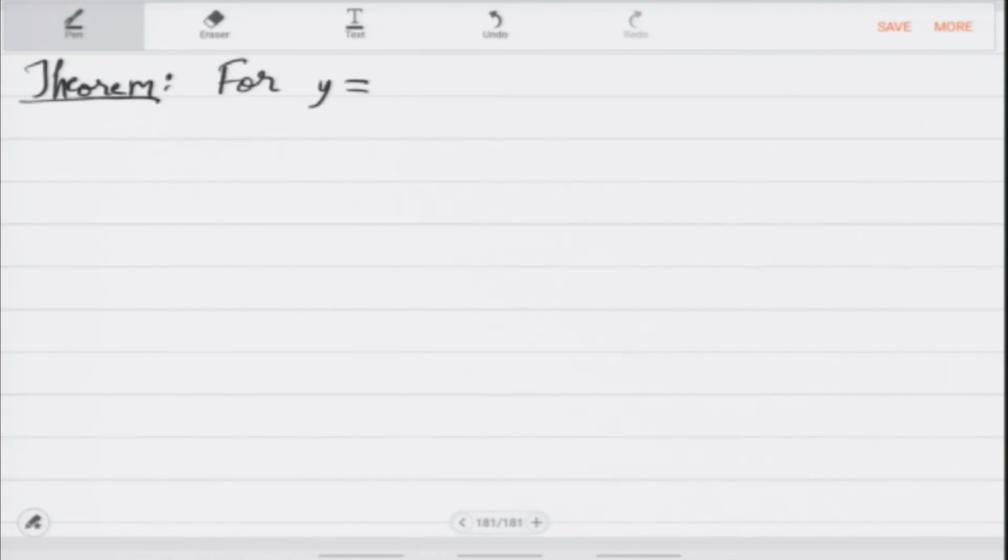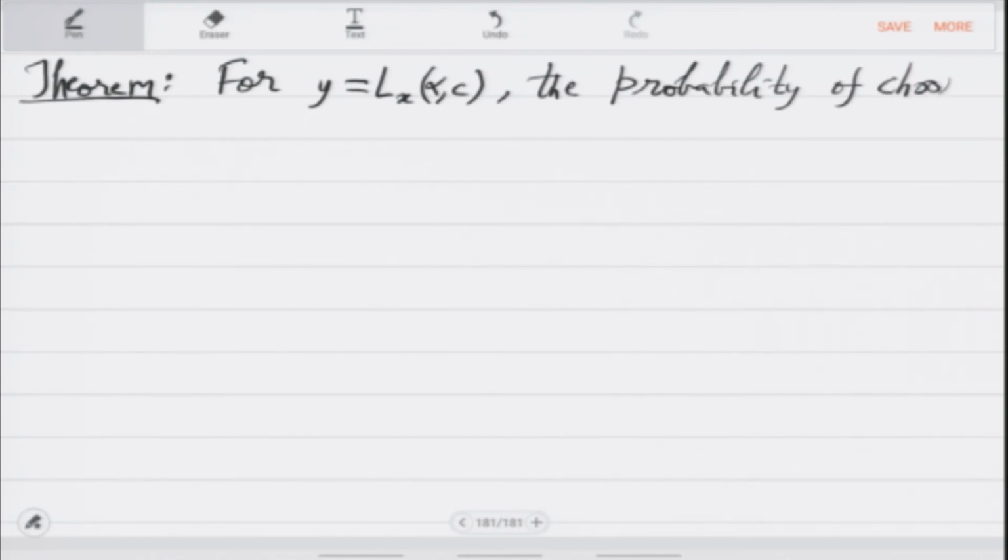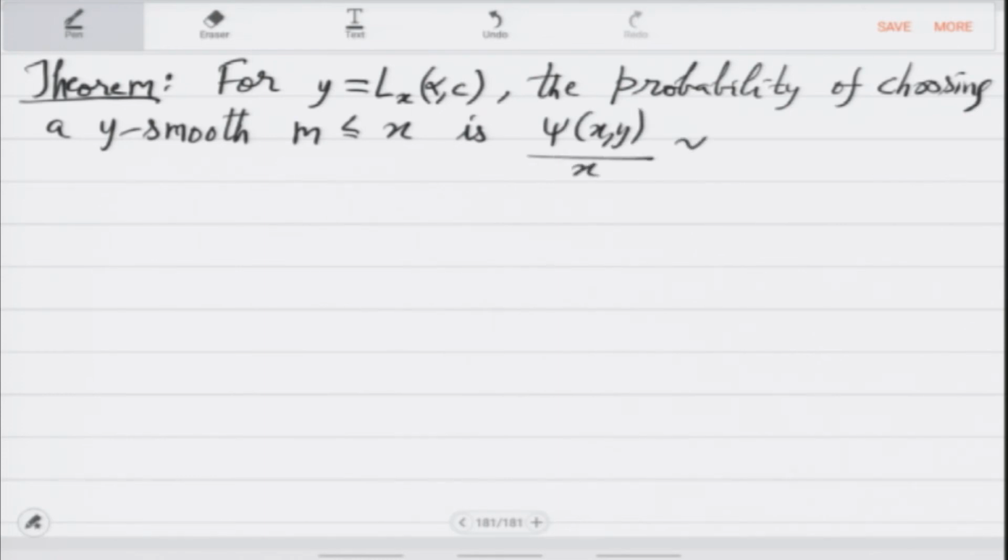If you take y to be L_x(alpha, c), then the probability of choosing a y-smooth m less than or equal to x, this probability is psi(x, y), the number of y-smooth numbers, divided by x, and it is 1 over the previous bound that we got.